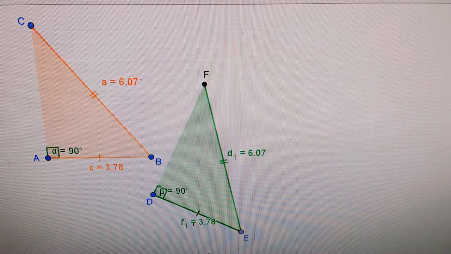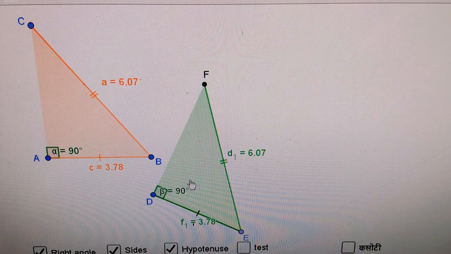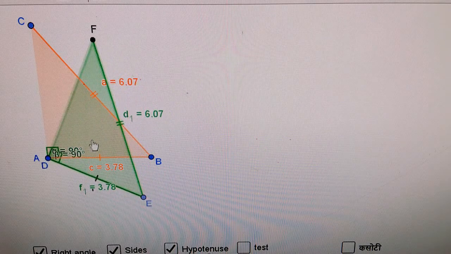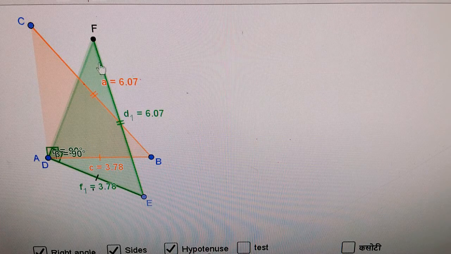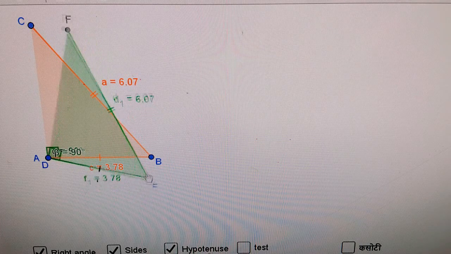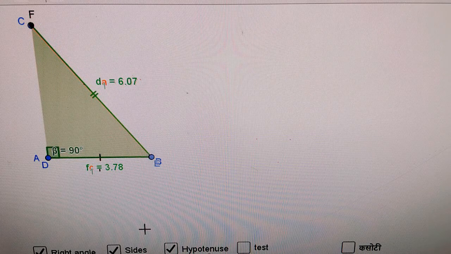Now using these two triangles, can you identify whether these two triangles are congruent? Put the triangle DEF on triangle ABC. Coincide this angle A first and try to coincide the remaining elements. Well students, see, both the triangles coincide with each other.